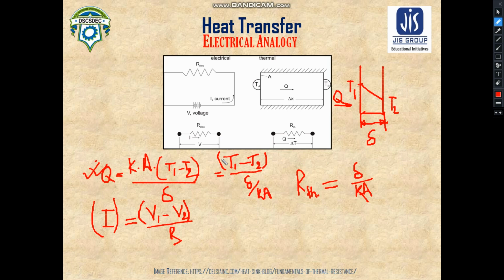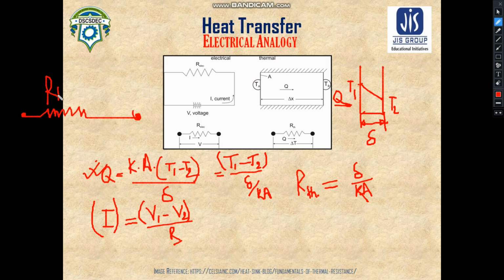So for this condition we can draw an electrical circuit which would represent the heat transfer case with the help of a certain circuit. So this is your circuit.